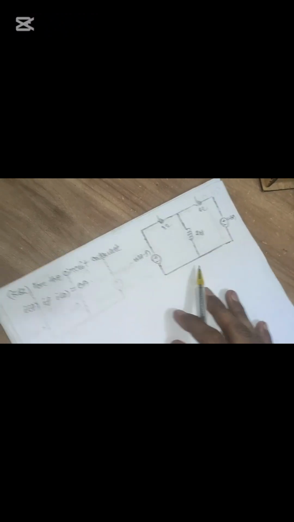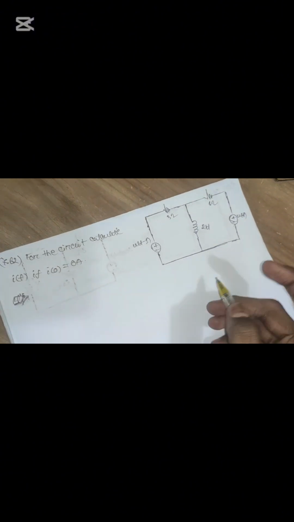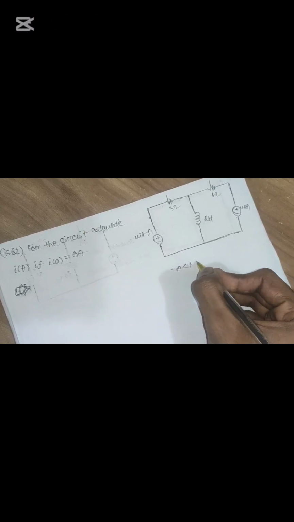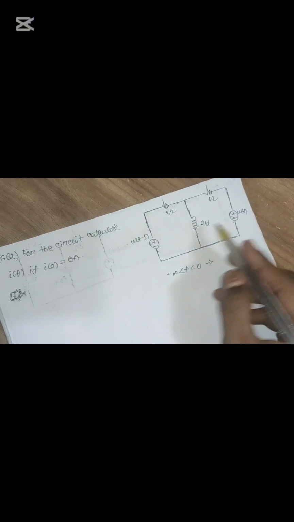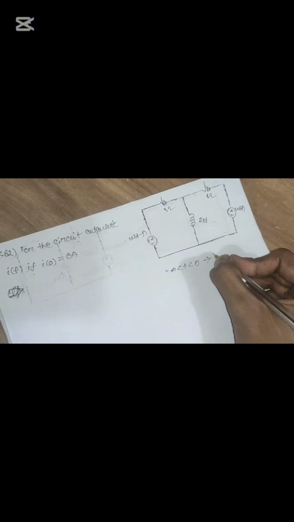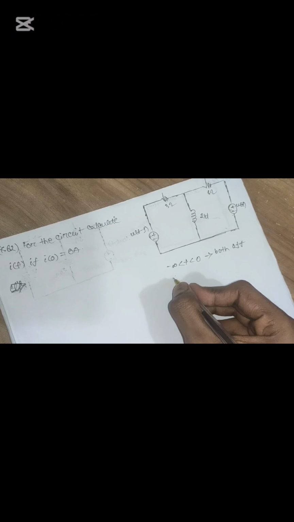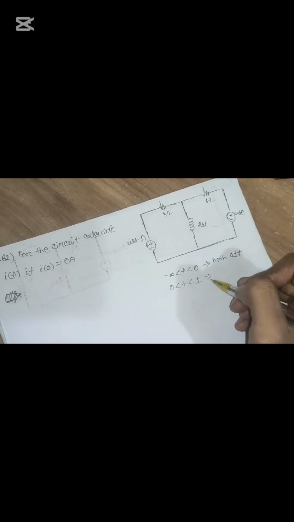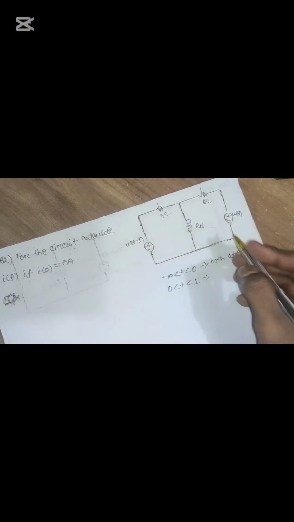For those who don't know how to solve this problem, we have to calculate three ranges. The first range will be negative infinity to t less than 0. For this range both of the voltage sources will be off. For the range 0 to t to 1, this source will be on and this source will be off.